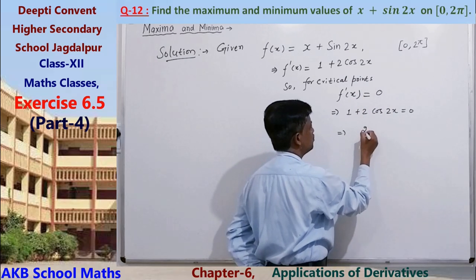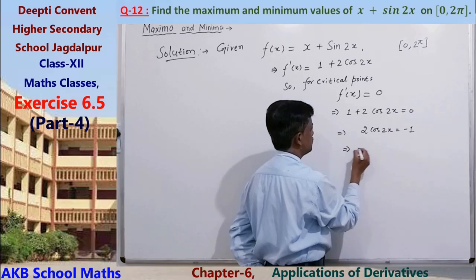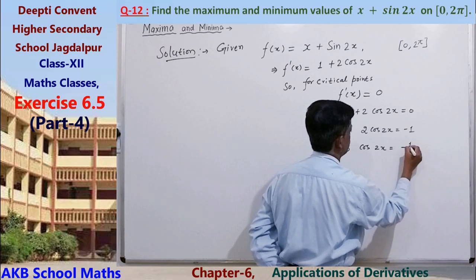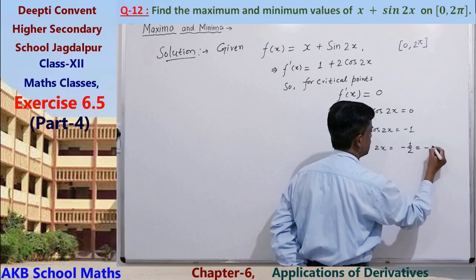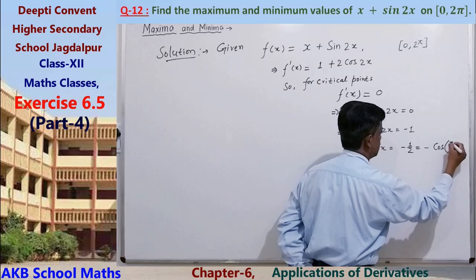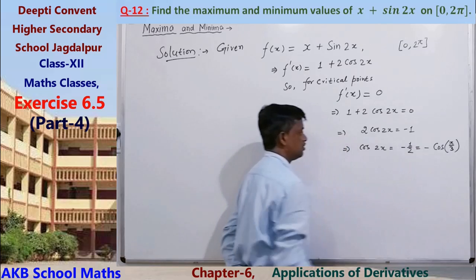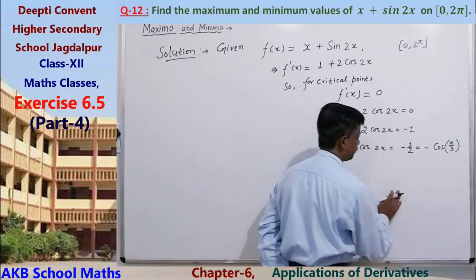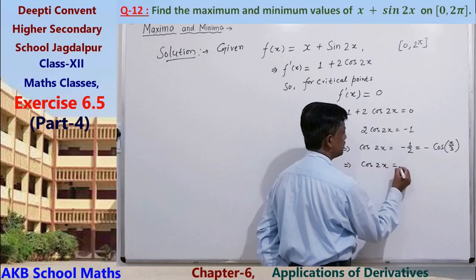So here 2 cos 2x equals minus 1, that is cos 2x equals minus 1 by 2. Minus 1 by 2 means what? Minus cos 60, that is minus cos pi by 3. So solve this trigonometric equation.